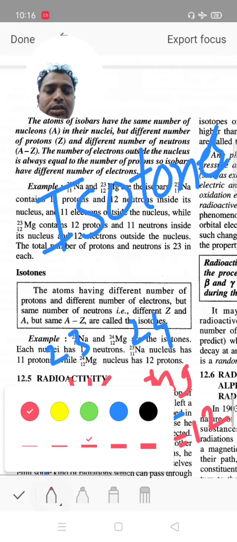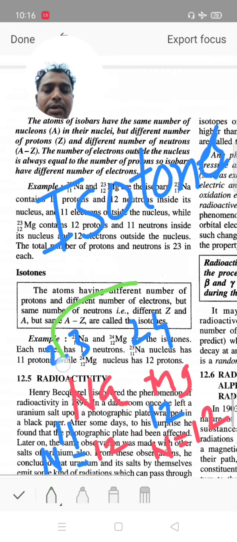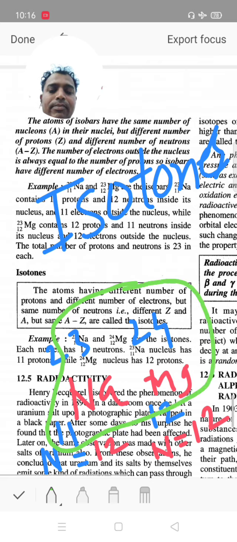So this is also an example of isotone. Sodium-23 and magnesium-24 are examples of isotones, as they have the same number of neutrons.